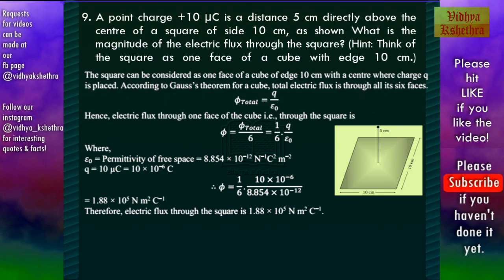So according to Gauss's theorem for a cube, the total electric flux through all its 6 faces, that is phi total, is equal to q by epsilon 0. Hence the electric flux through one face of the cube, that is through the square, is phi = phi total by 6, or 1 by 6 q by epsilon 0. Now substituting the values, we get the answer as 1.88 into 10 raised to 5 Newton meter square per coulomb.